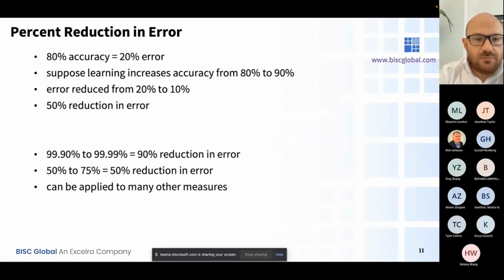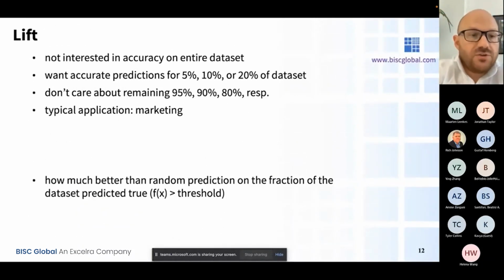And again, I'll just show you a couple of examples here to demonstrate the potential interpretation and percentage reduction in error, what it could mean. Another characteristic is the lift function. It's not so commonly used.